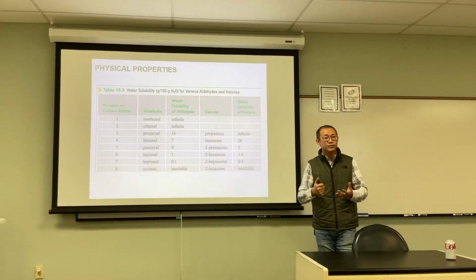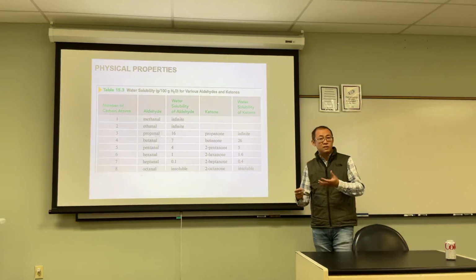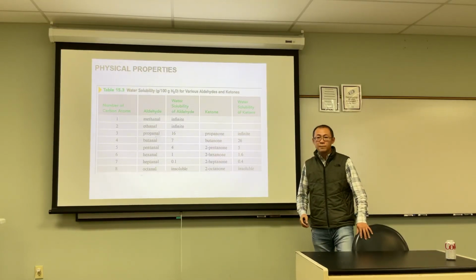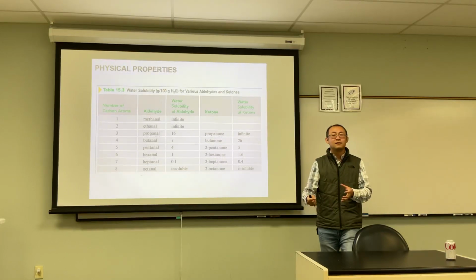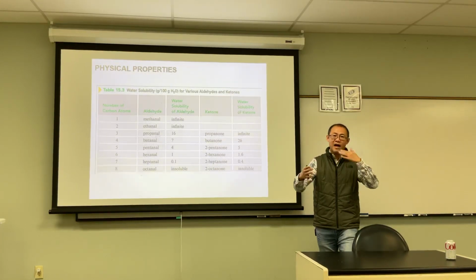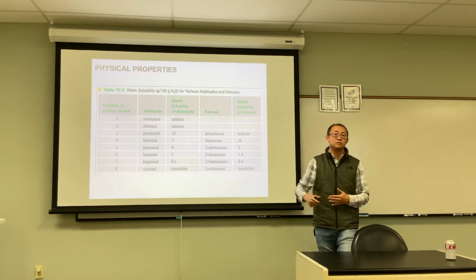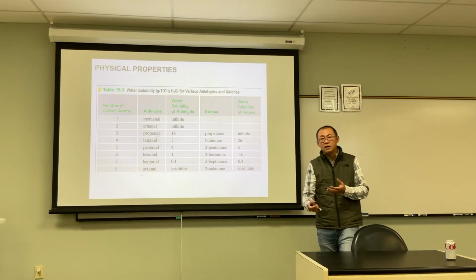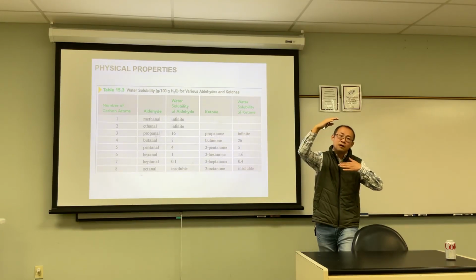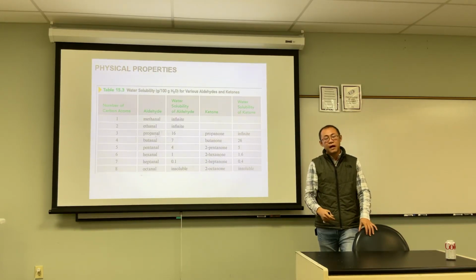Okay, again, guys, I want you to make a summary. First, what about boiling point? The boiling point, because the functional group is what? Moderately polar. Moderately polar means what? We want to compare with hydrocarbons and what? Alcohols. Moderate means they're between. And because of that, the boiling point of aldehydes and ketones is between hydrocarbons and alcohols.